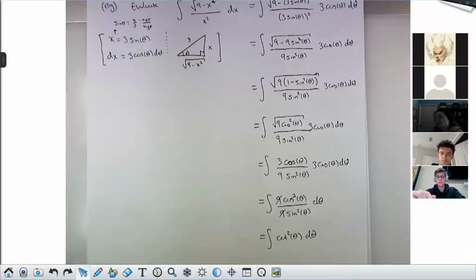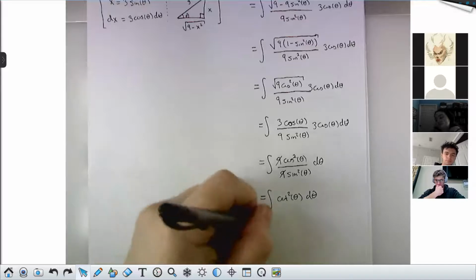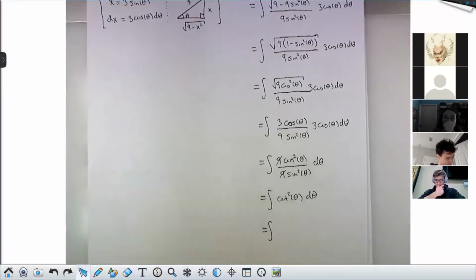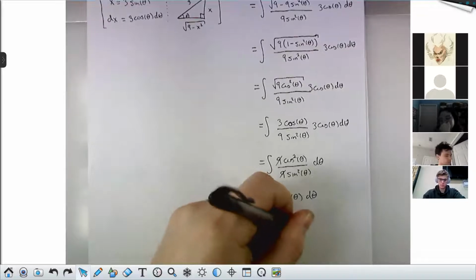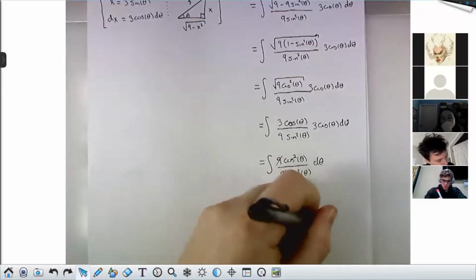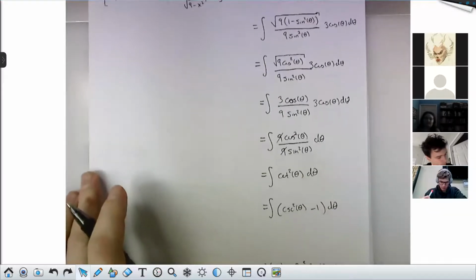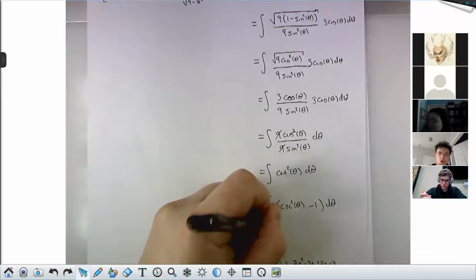Yeah, Quinn's got it in chat. We rewrite it as cosecants. So cotangent squared, according to the third Pythagorean identity, is the same as cosecant squared minus 1. And then cosecant squared integrates to negative cotangent.